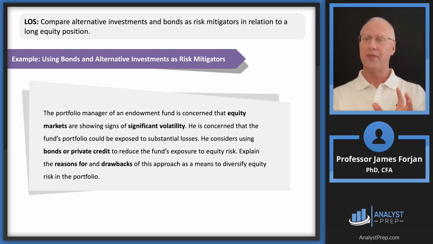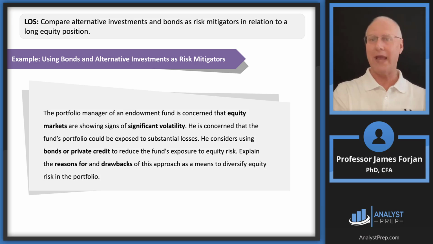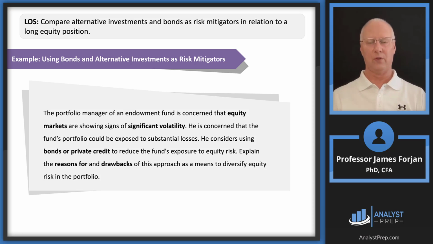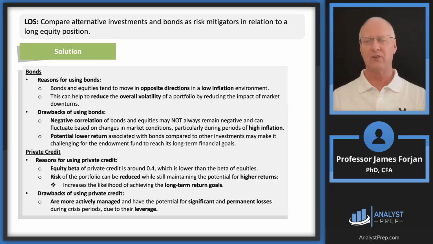What we're comfortable with is maybe a 0.8 beta. So we want to reduce the fund's exposure to equity risk. So we want to lower beta. How do we do that? Well, we can add fixed income securities and we can add private equity. So the question here asks us to explain advantages and disadvantages. And so here are some really good reasons here.